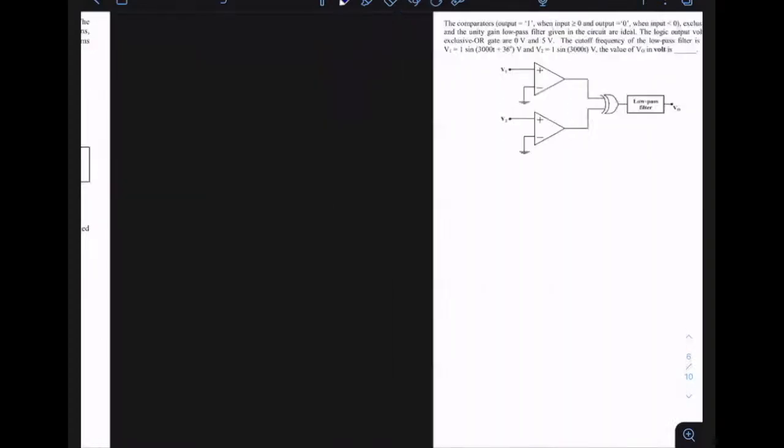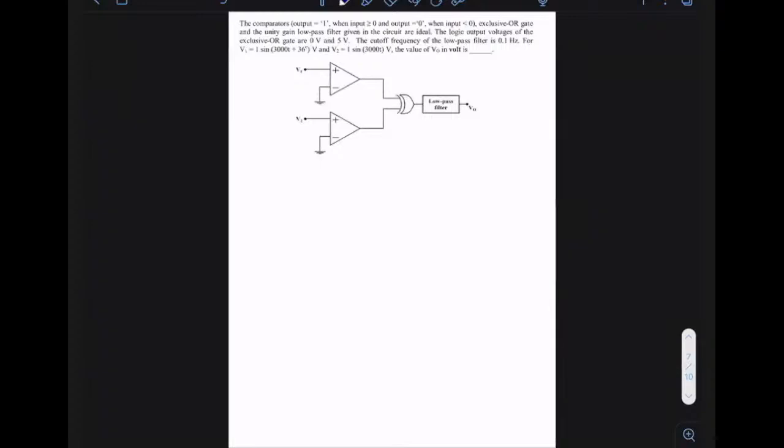We'll come to these questions after some time, but let us try to answer this question. This is one of the good questions. See this question carefully. The comparator's output equals 1 when input is greater than or equal to 0, and output equals 0 when input is less than 0.